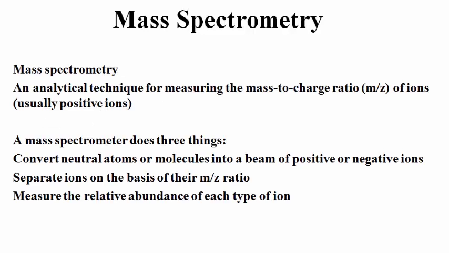Mass spectrometry is an analytical technique for measuring the mass to charge ratio, or m/z, of ions. Usually it's positive ions, and conventionally it was originally positive ions, but now both positive and negative can be measured.